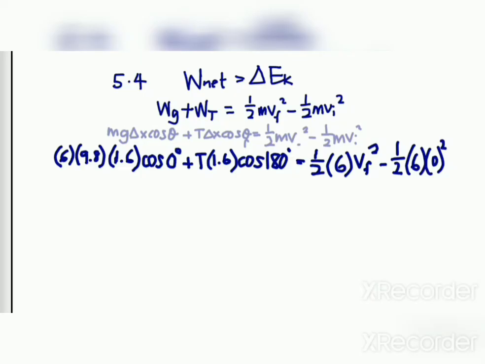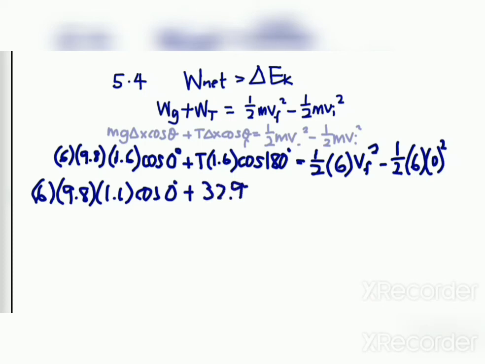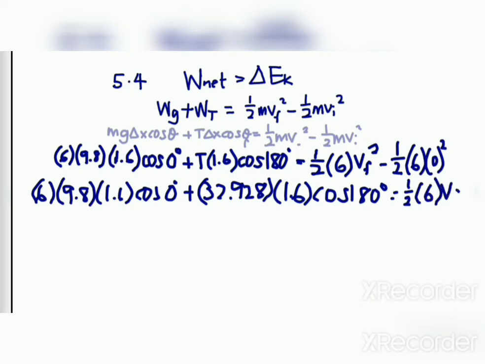Going back to our work energy theorem, we can now substitute for tension. So we would have 6 times 9.8, 1.6 cos of 0 degrees plus 32.928 times 1.6 cos of 180 degrees is equal to half 6 Vf squared.